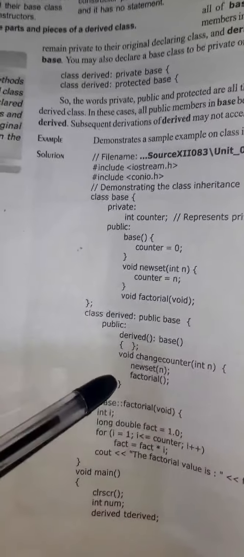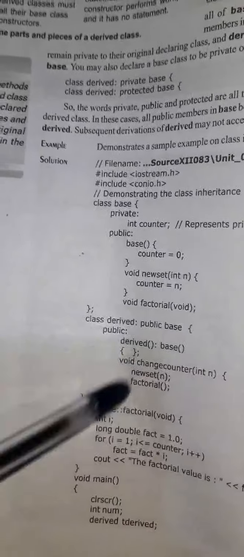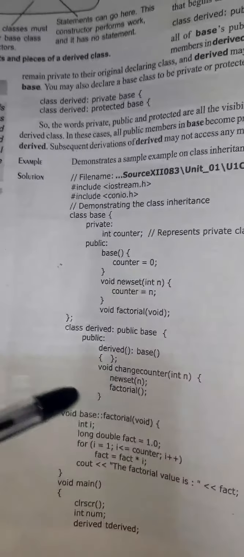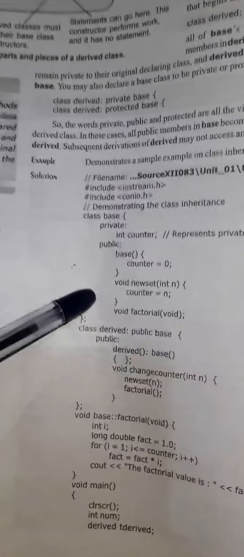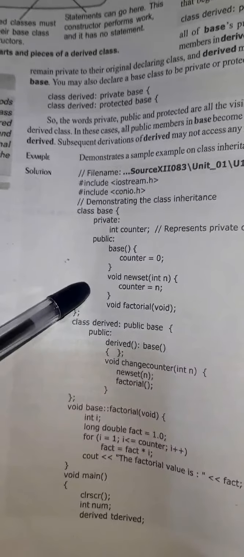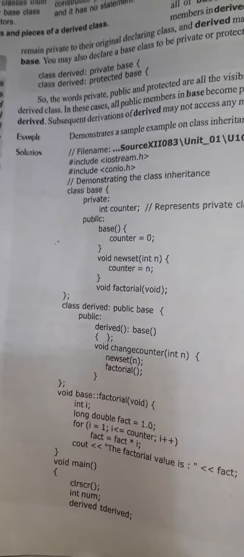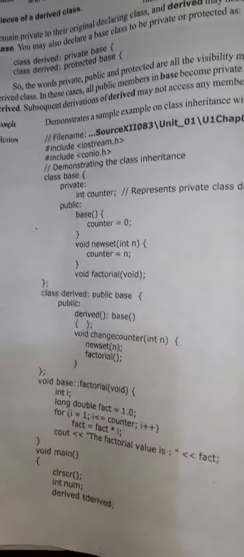Like in this case, this is the derived class. This class is derived from this class. So when you use this derived class, it reuses the properties or the members of this base class. That is code reusability.